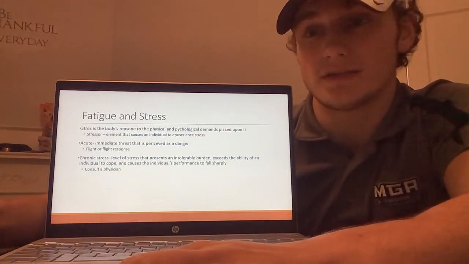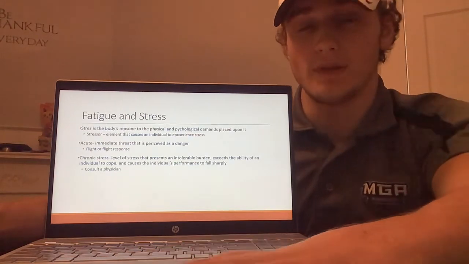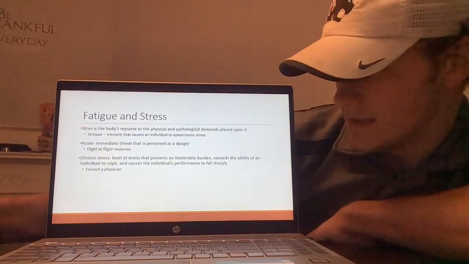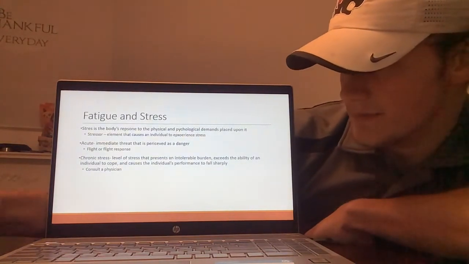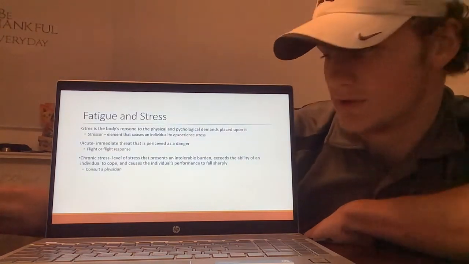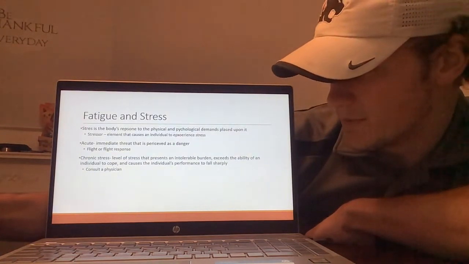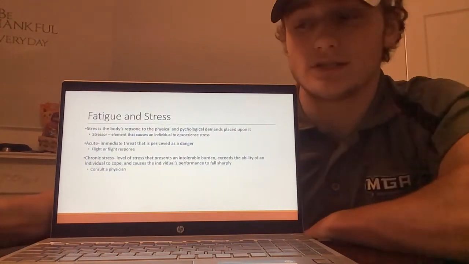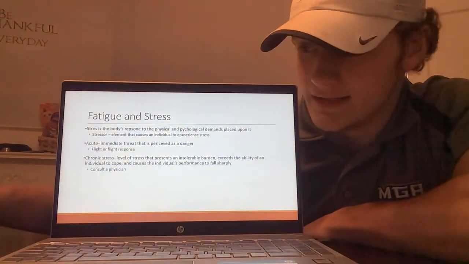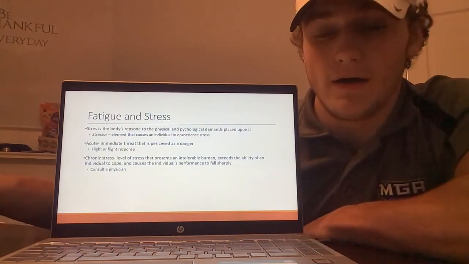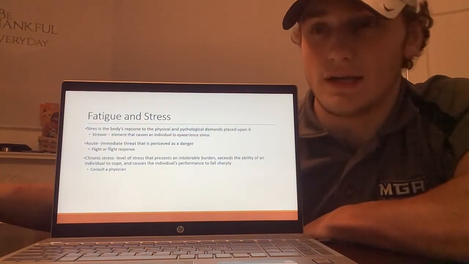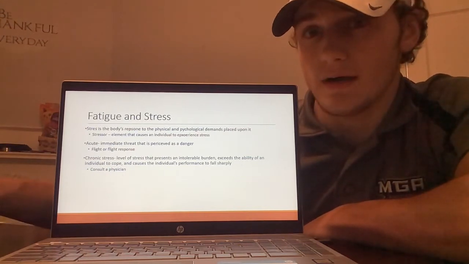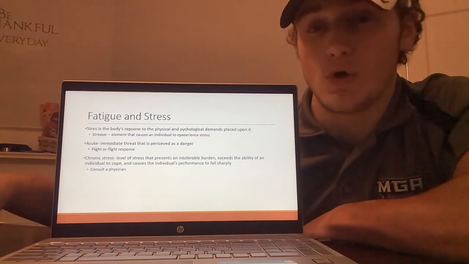However, chronic stress is not something we like to see because it is a level of stress that presents an intolerable burden and exceeds the ability of an individual to cope, and causes the individual's performance to fall sharply. It is not something you want to mess around with, and it comes upon the stresses over time.